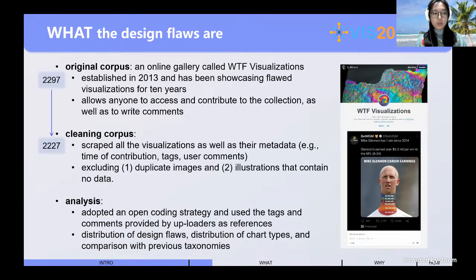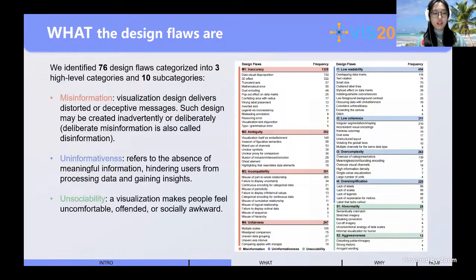So we open-coded data from VIS.wtf, a platform that collects flawed visualizations, as you can see in the right image. After scraping 2,227 visualizations and analyzing user comments, we identified 76 design flaws and grouped them into 3 high-level categories and 10 subcategories.